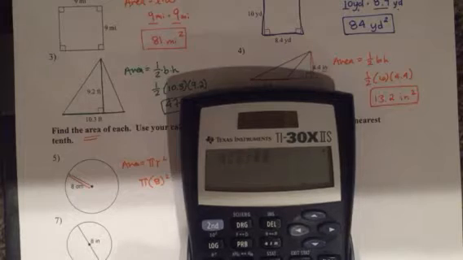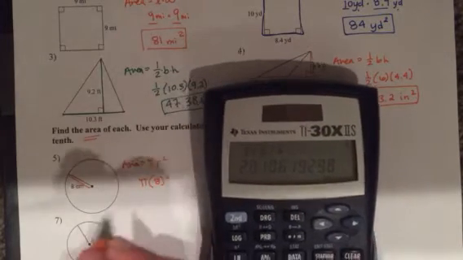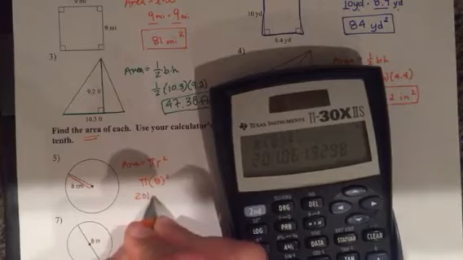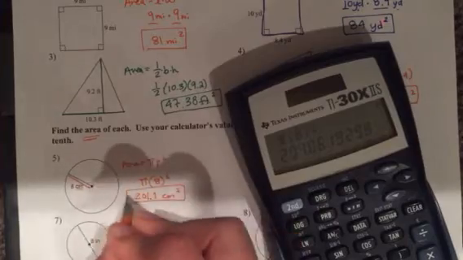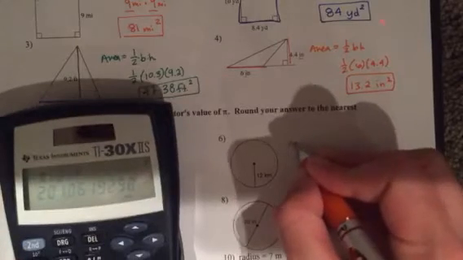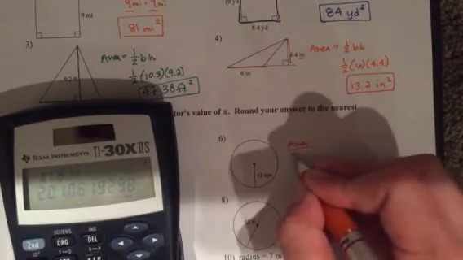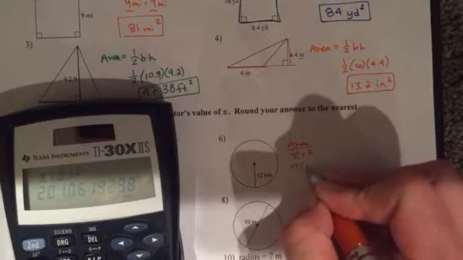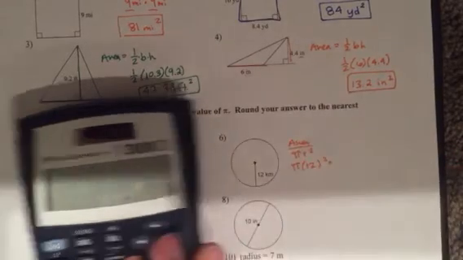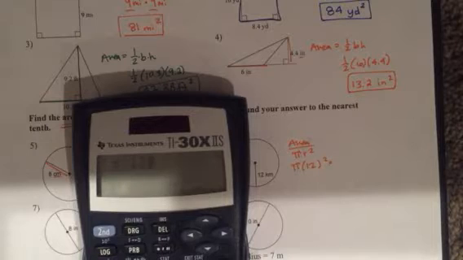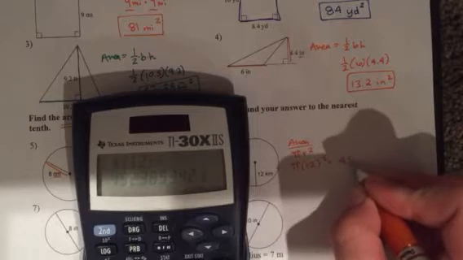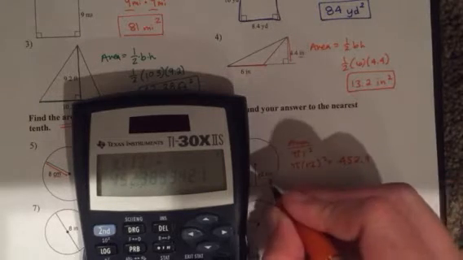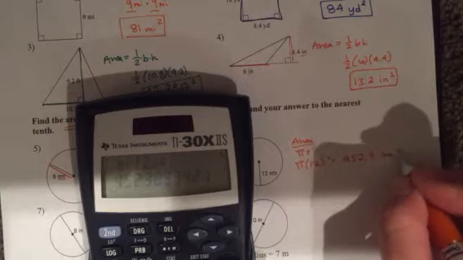Pi times 8 squared equals 201.1 centimeters squared for area. Area of a circle is pi r squared. Pi times 12 squared equals 452.4 kilometers squared.